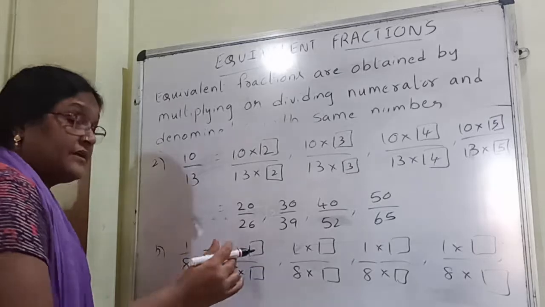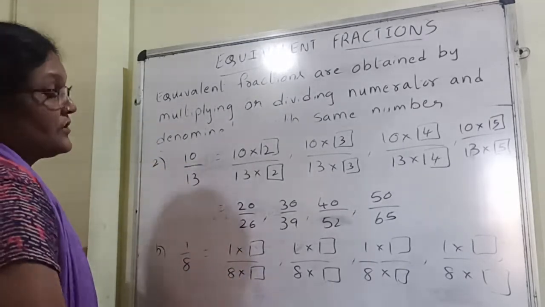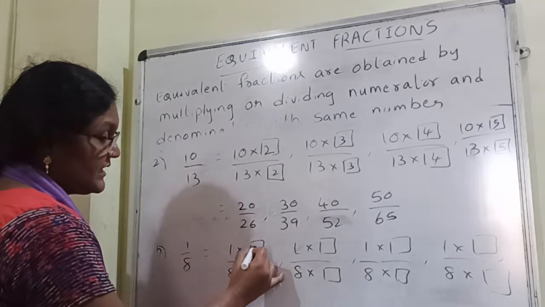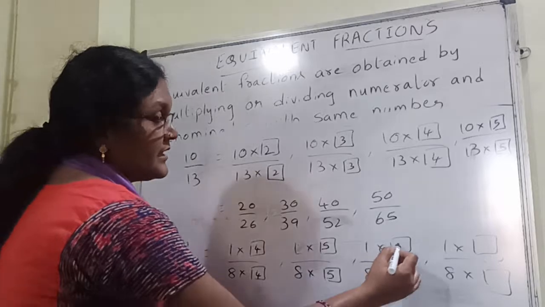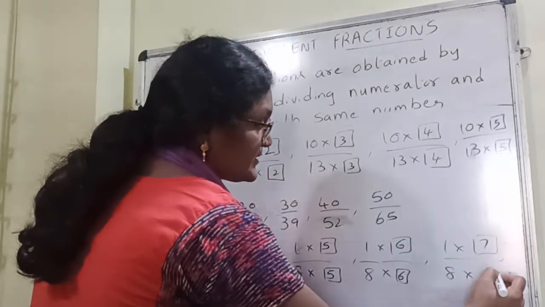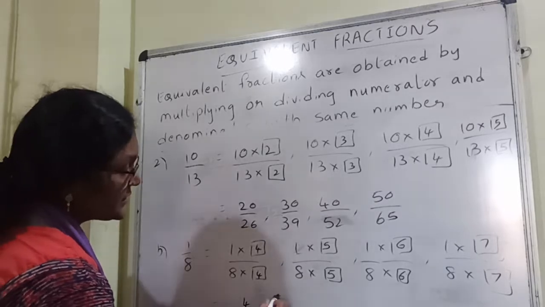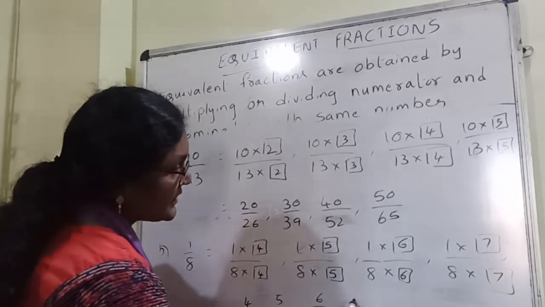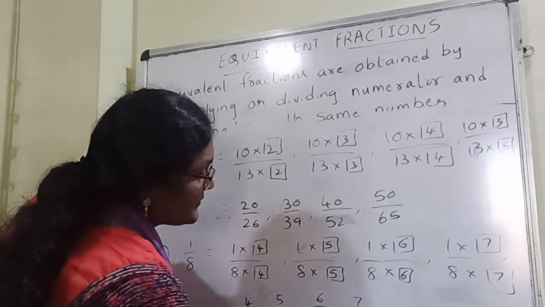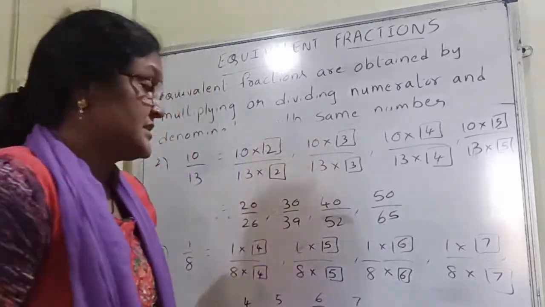If they are asking for the first 4, you can go with 4. If they are not asking for the first 4, you can take 4 here, 4 here, 5 here, 5 here, 6 here, 6 here, 7 here, 7 here. So this is 4 by 32. This is 5 by 40. This is 6 by 48. This is 7 by 56. 8 sevens are 56. So 7 by 56.